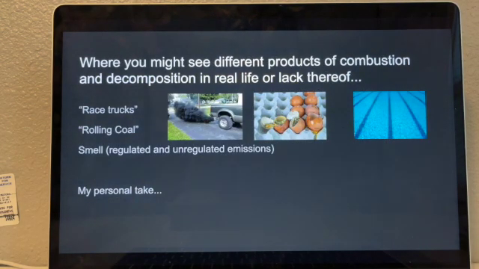Where you actually see it and might not realize it. Have you ever heard of the term rolling coal or seen pickups or similar vehicles blowing black clouds of smoke? That is a hazardous emission, where you can fine-tune how much air versus fuel and pressure is entered into the engine, creating different amounts of emissions through the exhaust.